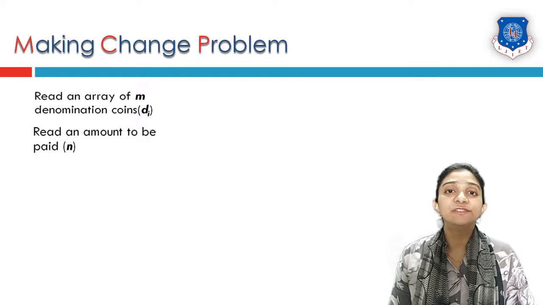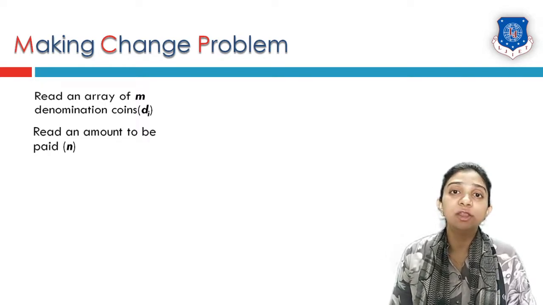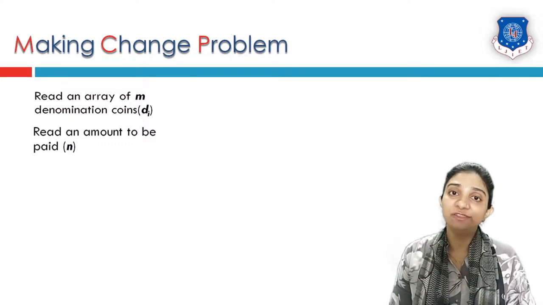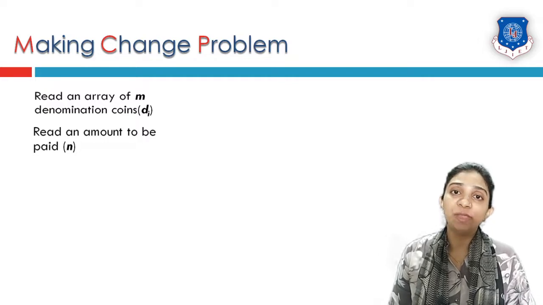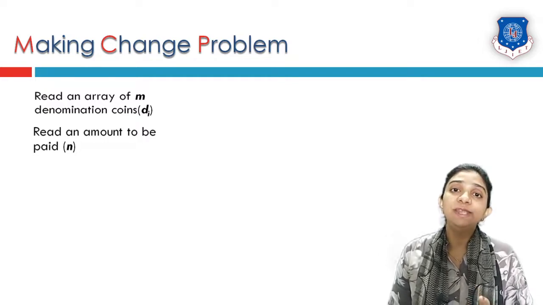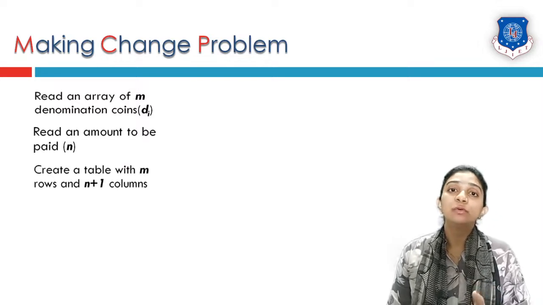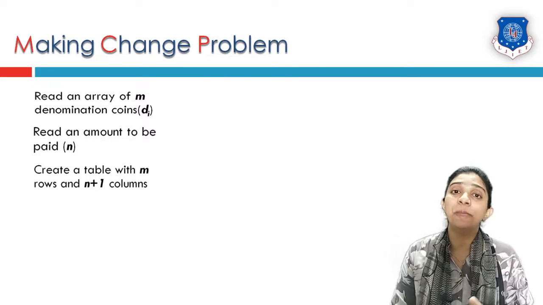The second input is the amount which needs to be paid using denomination coins. So if n is equal to 27, we are expected to pay 27 rupees using coins D1, D2, D3 up to Dm.